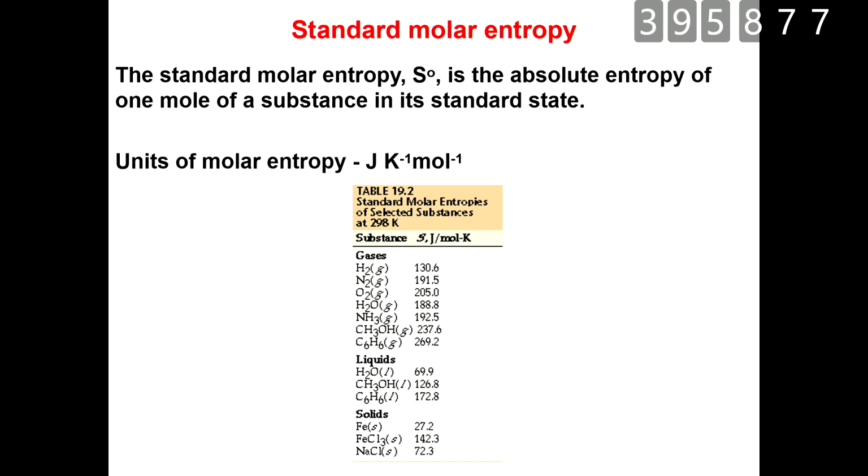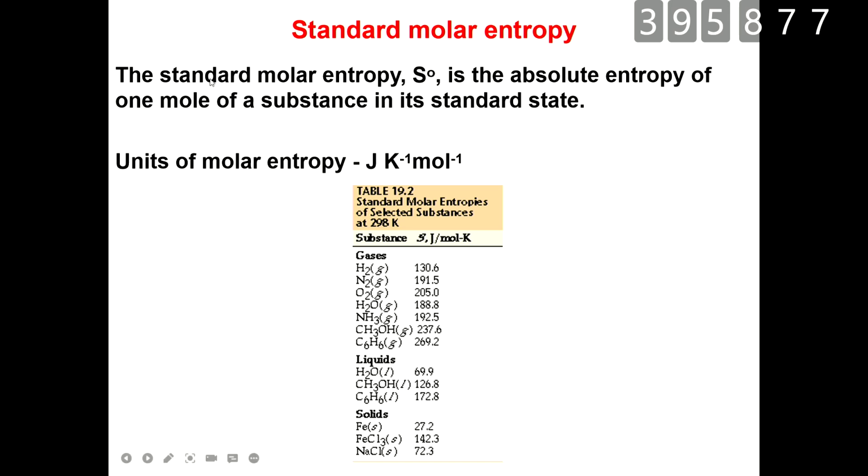Okay, so now we introduce what the standard molar entropy of a substance is. Now it's not an entropy change; we just talked about the entropy change of a process. Now we understand the molar entropy of a substance, meaning for each substance.